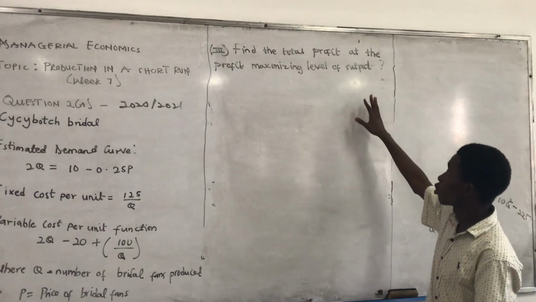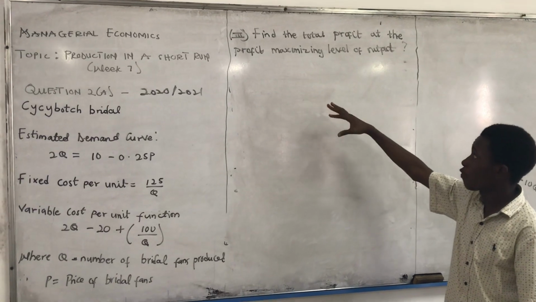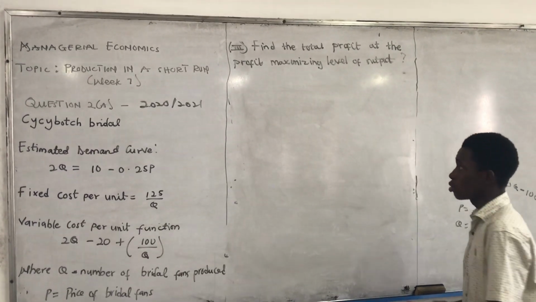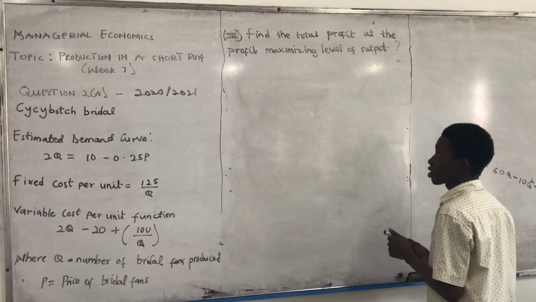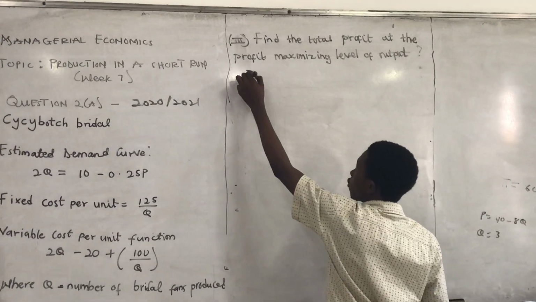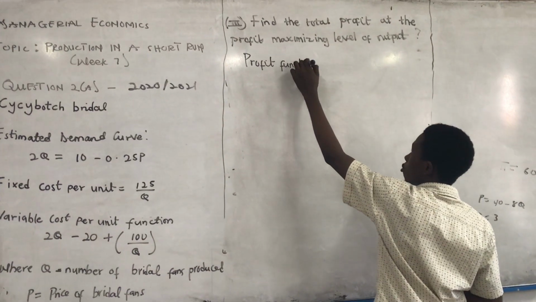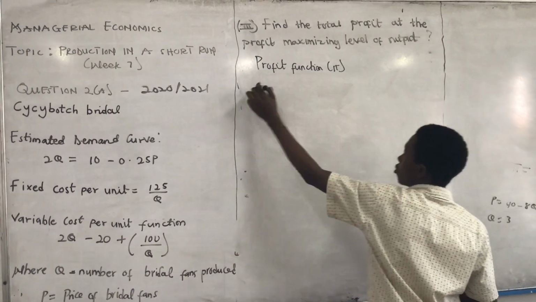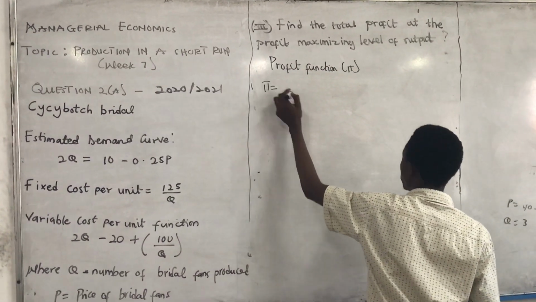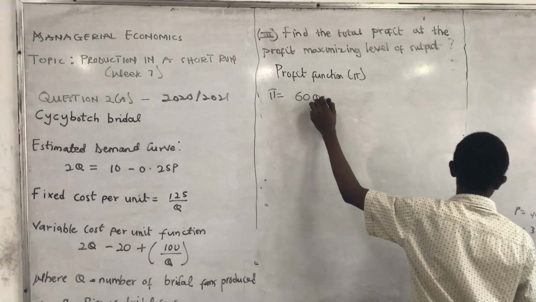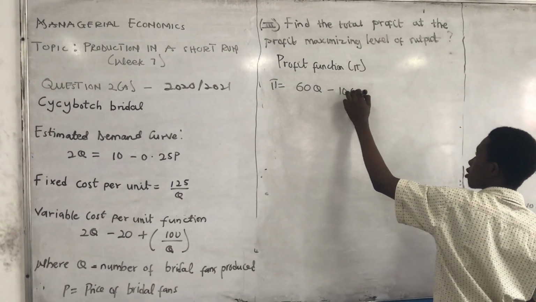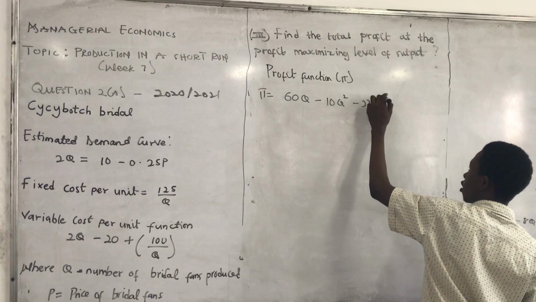The third one is: find the total profit at the profit maximizing level of output. So we'll bring back our profit function, what we had. We had our profit function to be 60Q minus 10Q squared minus 225.